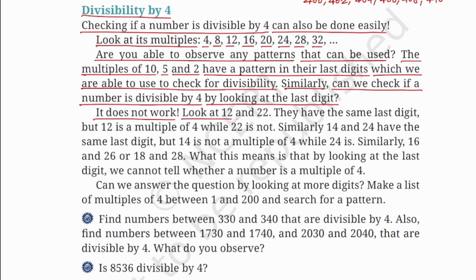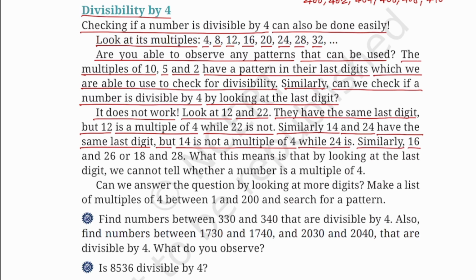Look at 12 and 22. They have the same last digit, but 12 is a multiple of 4 while 22 is not. Similarly, 14 and 24 have the same last digit, but 14 is not a multiple of 4 while 24 is.